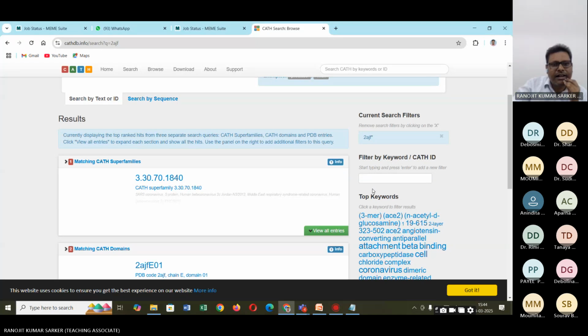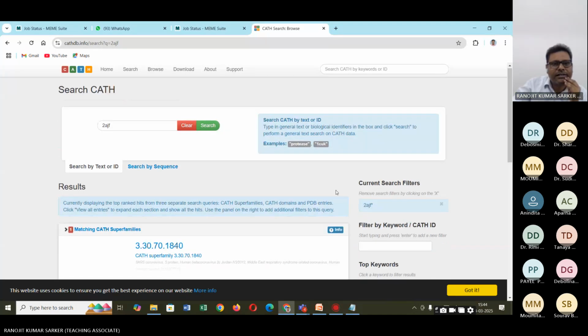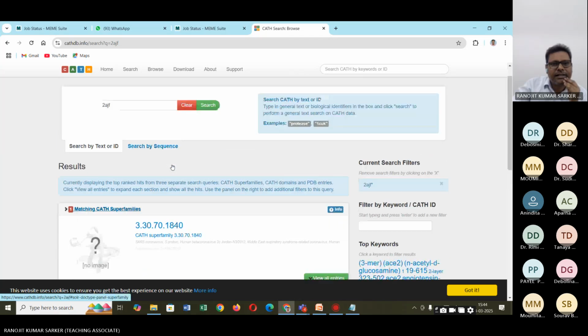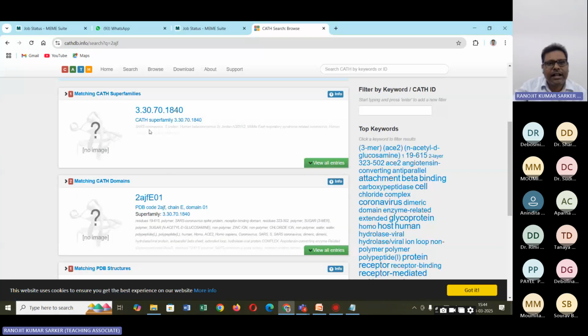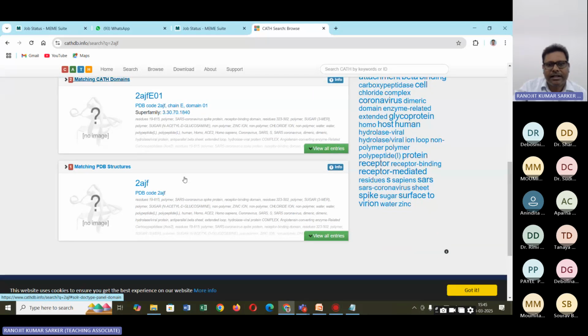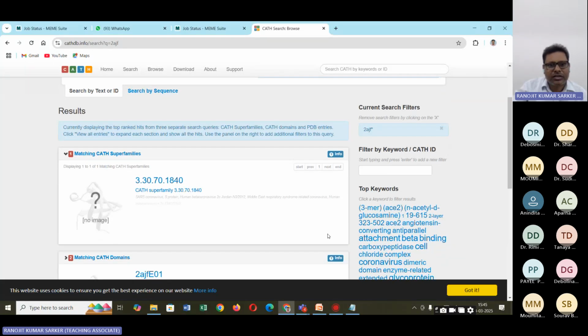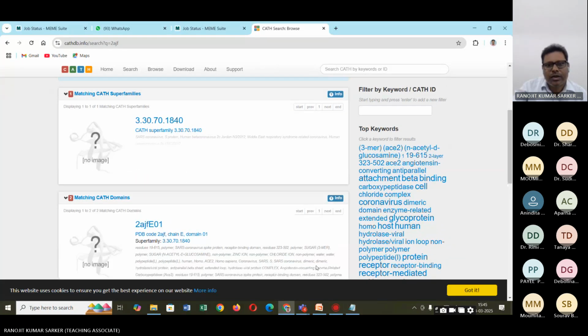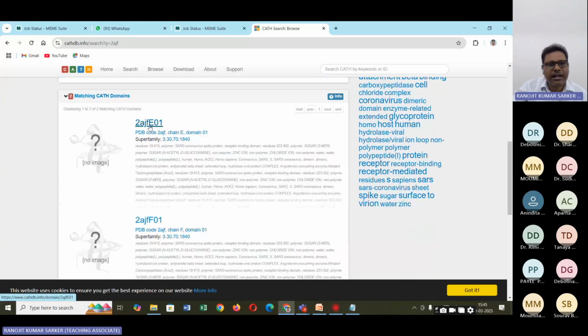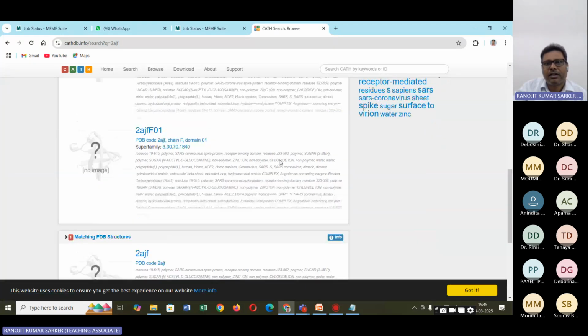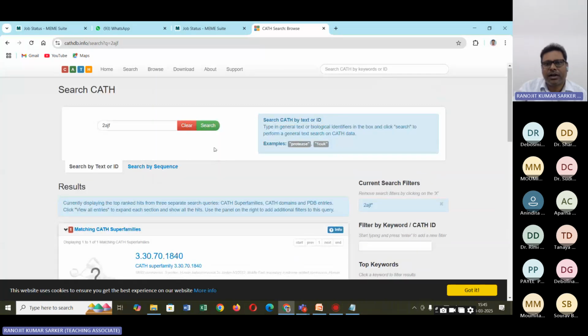Now you see that we have got a match here in the CATH superfamilies. If we view all images, these are the images of protein coding, all the proteins from this one.